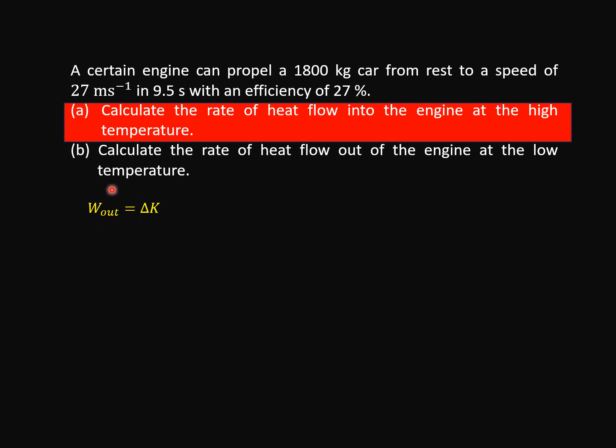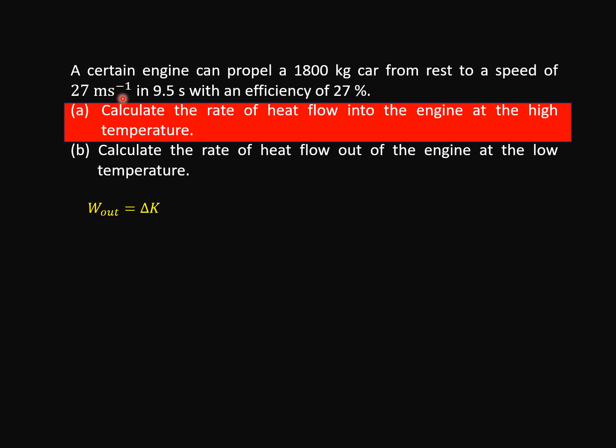So the useful output work is equal to the kinetic energy change of the car, or kinetic energy gain of the car, because this delta K is K final minus K initial, and the initial speed of the car is 0, means that the initial kinetic energy of the car is 0, and the final kinetic energy of the car is half mv squared, where v is the final speed, which is 27 meters per second.